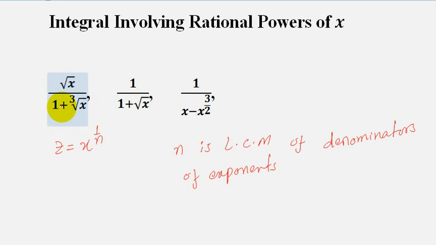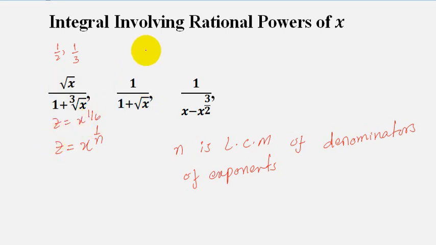For example, for first function, here our exponents are 1 by 2 and 1 by 3. Now, least common multiple of denominators, which are 2 and 3, is 6. So, in this case, for first function we have z equal to x raised power 1 upon 6.